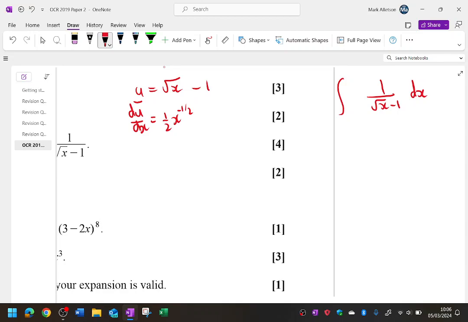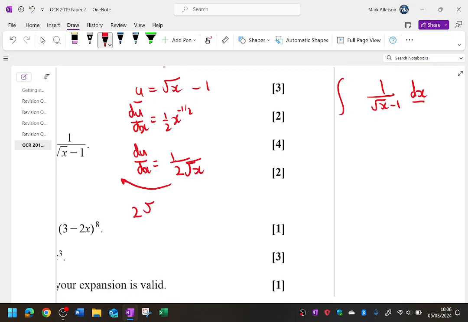So now we want to rearrange to get dx equals, so I'm going to rewrite the right hand side. du dx equals a half, so I'm going to keep it as 1 over 2. Now x to the half is root x, the negative is the reciprocal, so it's 2 root x. Just looks a bit tidier to move around. Then I'm going to move the 2 root x to this side and bring the dx up.